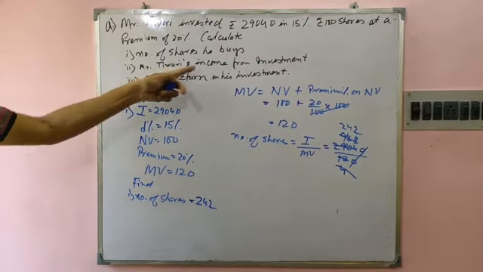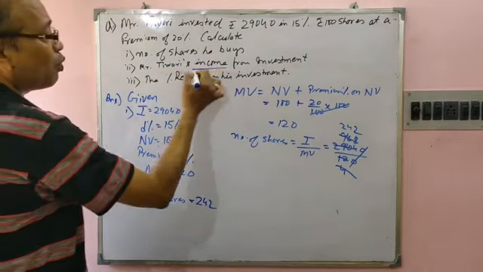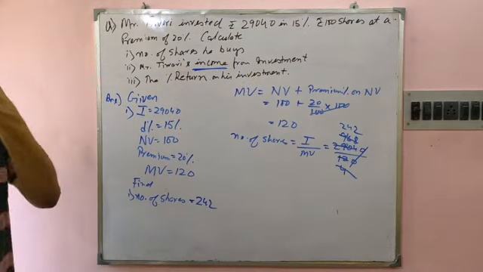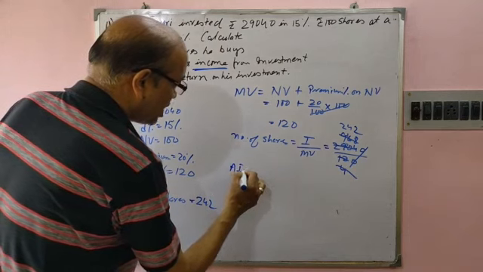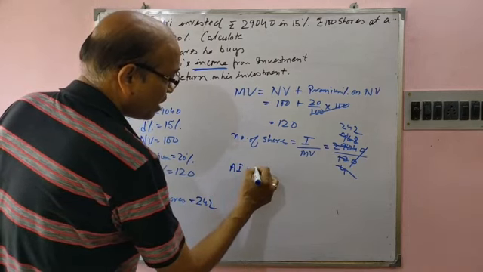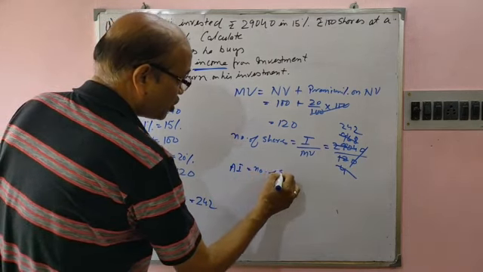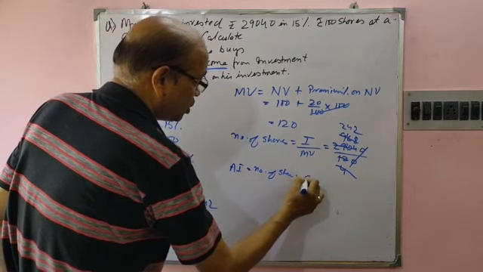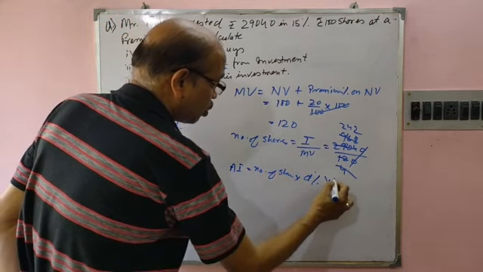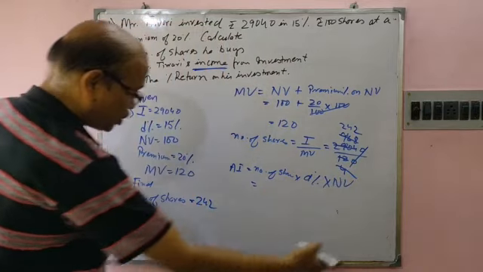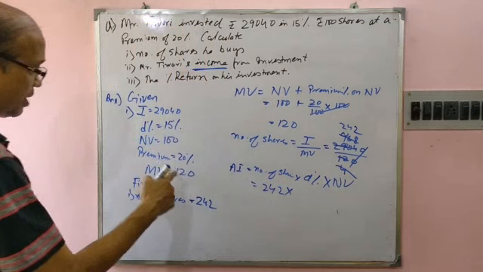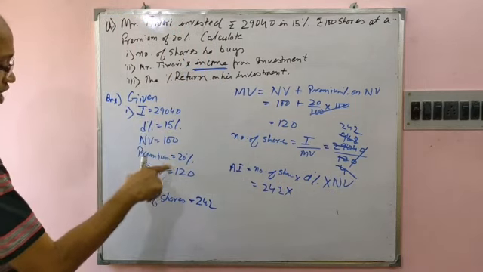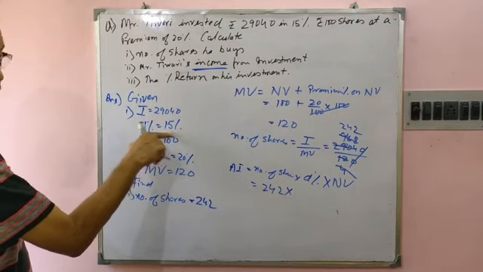Now income. What we have to find? Income. Income means annual income or dividend. Annual income formula is number of shares into D percent into nominal value. Number of shares we found out 242 into D percent 15%, not premium percent. You have to find the D percent.